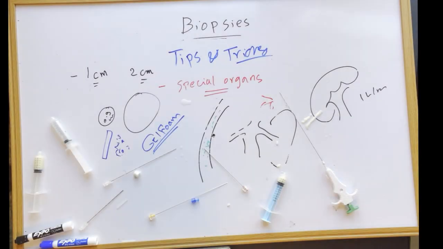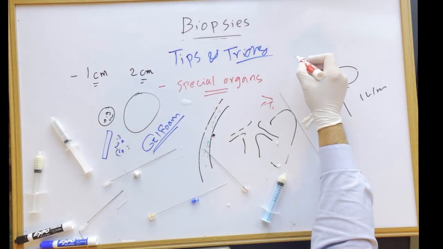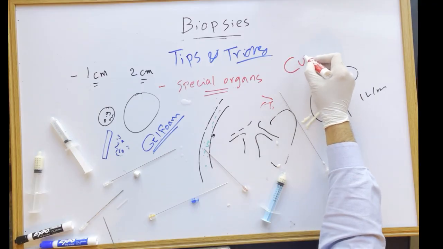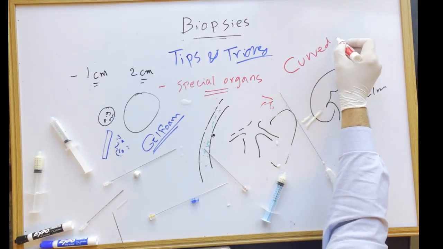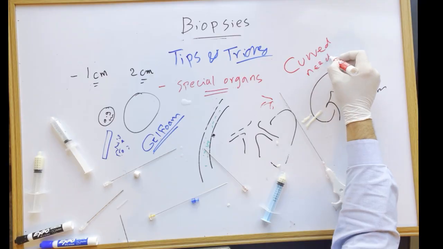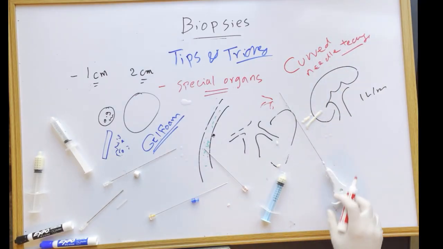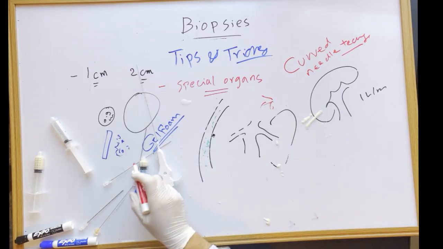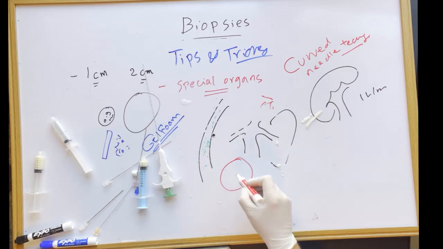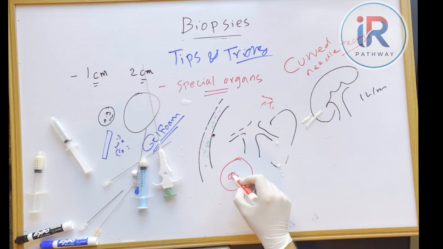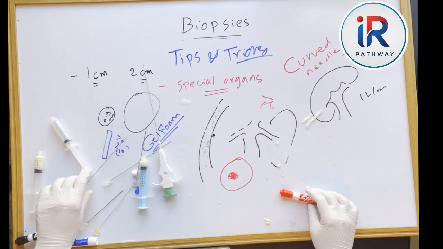Now, one last technique to mention, which is the curved needle technique, so you can recognize it if someone talks about it. Let's assume we have a lesion like this, with a necrotic portion here, and I want to take a biopsy from it.